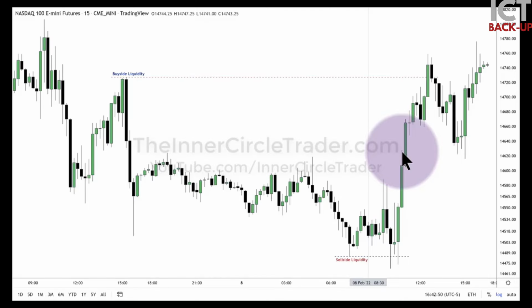So one of the things that I'm teaching in this mentorship, in my paid mentorship, is how to view the marketplace from a narrative standpoint. What's the logic? Why should the market do what it's doing? It's not enough to see how a low is taken out and expected to go higher, or a high taken out and expected to go lower. There has to be some greater context behind it. And that's what I gave in the beginning of the video.